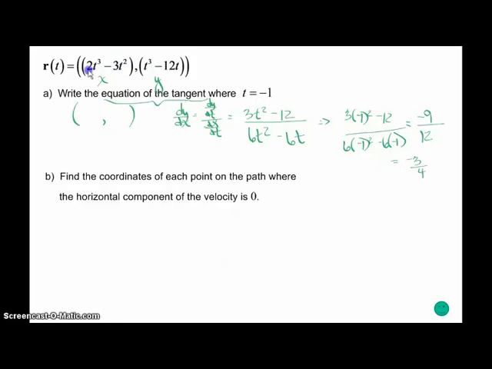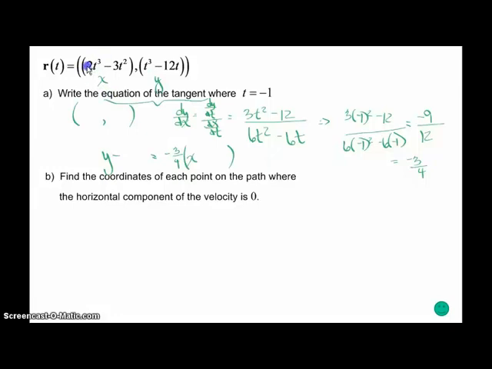And now, when t equals negative 1, we need to find our x-coordinate and our y-coordinate to get our point. Because we're still going to have y minus y1 equals the slope, negative 3/4, times x minus x1. So we need x1 and y1.